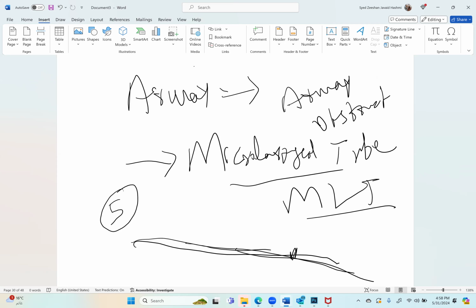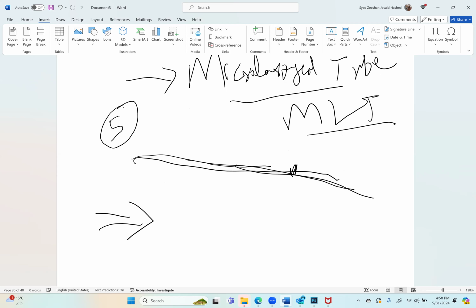Another important point with reference to airway management of laser surgery, nobody has mentioned. I was just thinking that some of you will be telling. What is that? You know, the people who are going for exam, what are they waiting for?